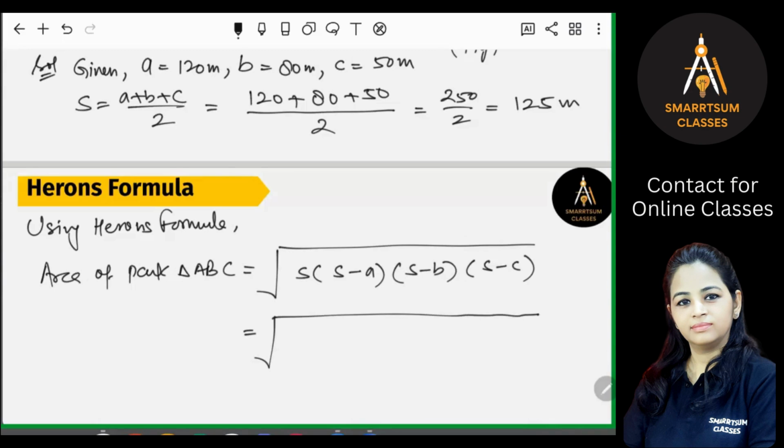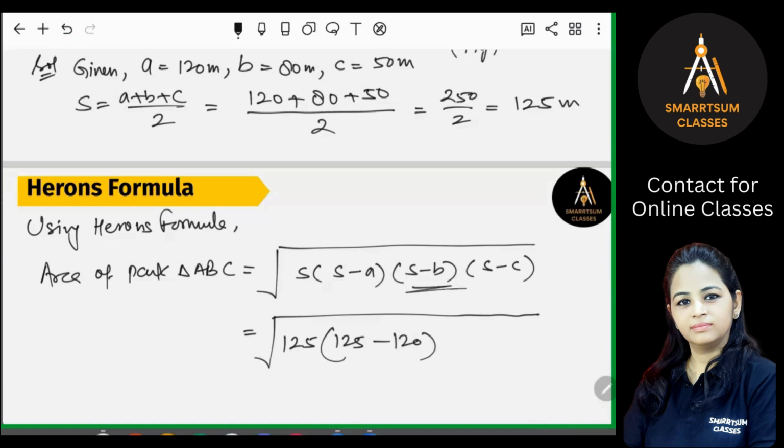Now we will put each and every value here. The value of s is 125, as we have calculated here. So write down 125, s, 125 minus a. So what is a? a is 120 meter. So write down 120.